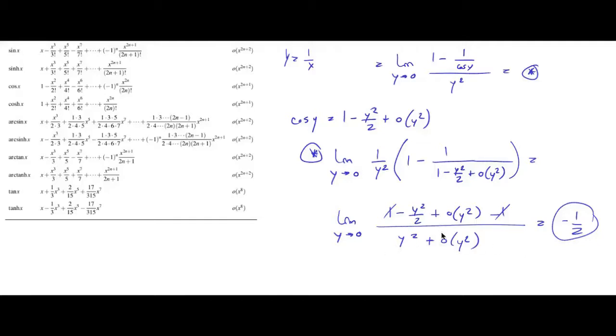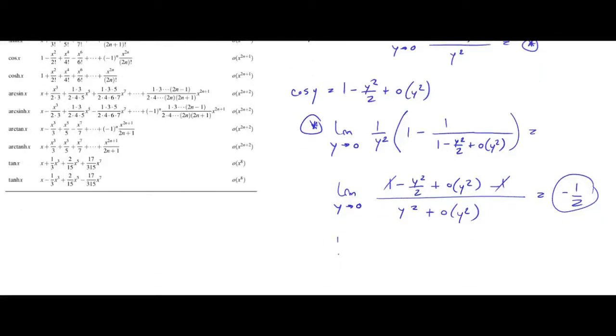Okay. If you don't really get this, we can do an intermediate step, which is to divide everything by y squared. So then you have minus 1 half plus, and then 1 divided by y squared times small o of y squared is small o of 1. So this is small o of 1. And then we have 1 plus small o of 1.